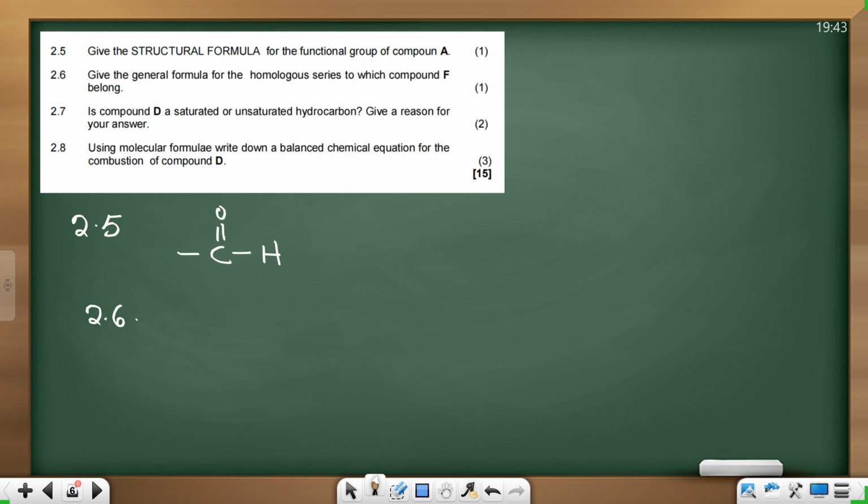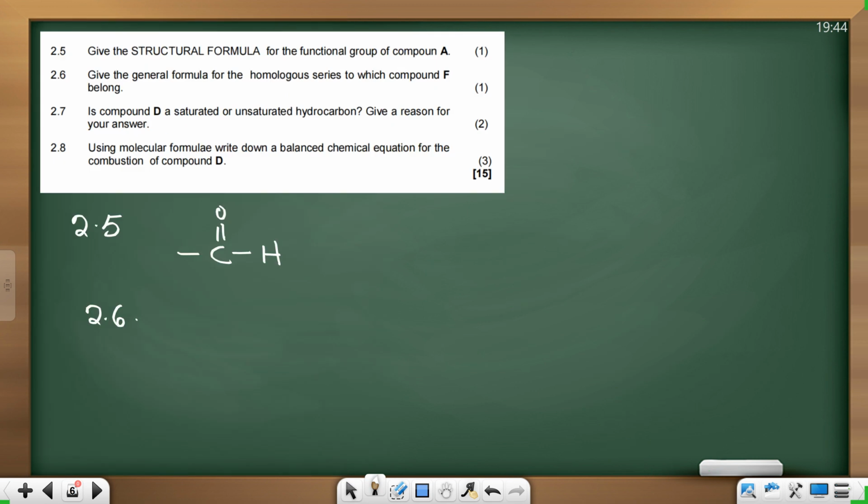Give the general formula for the homologous series to which F belongs. What is F again? It's an alkyne. Because that you should be able to answer. Alkynes, the general formula of alkynes. Oh, sorry, it's an alkene.